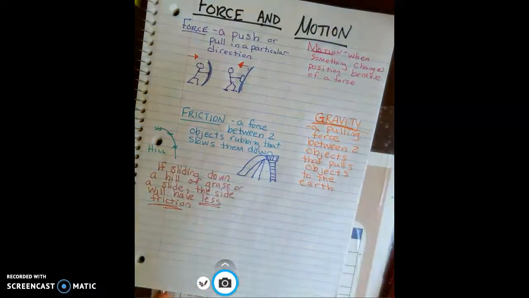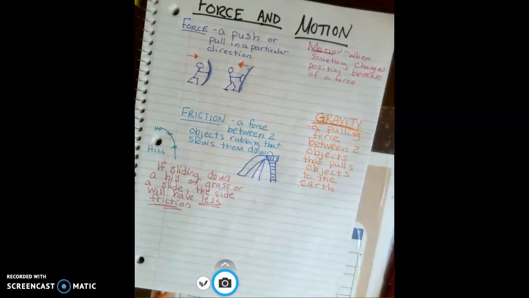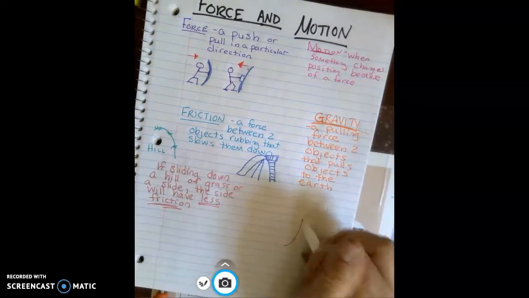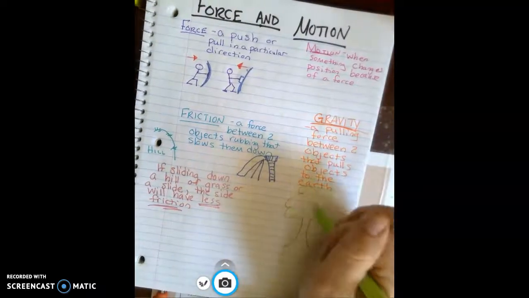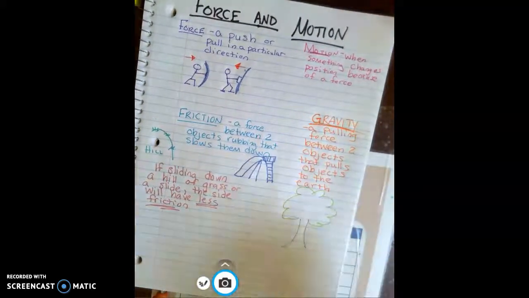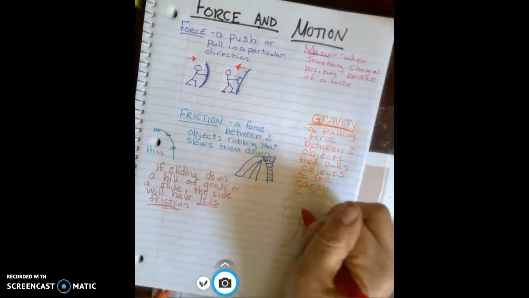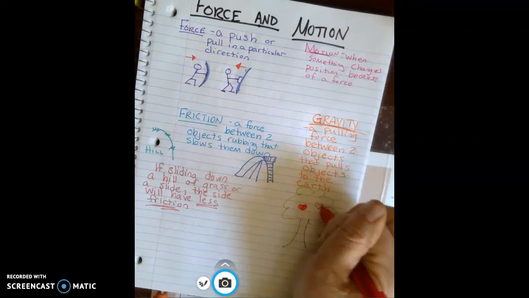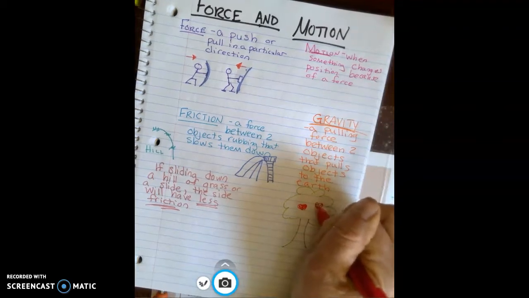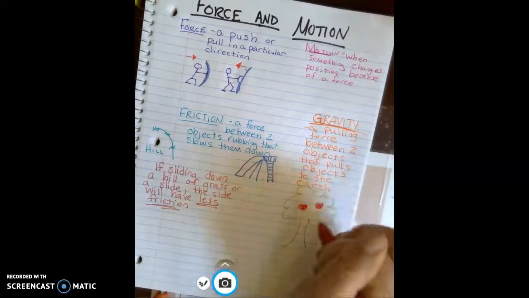Okay, so for example, if I have an apple tree and I have some yummy apples on my apple tree. Those look like hearts. I need to make them a little bit more rounded so they're more like apples.